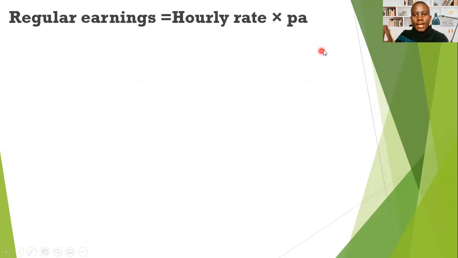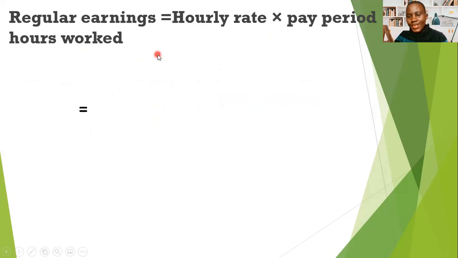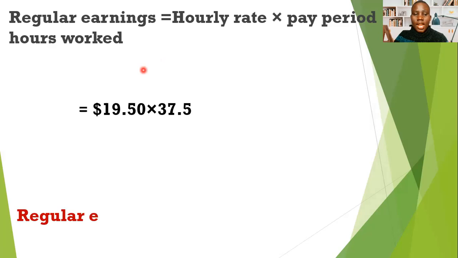So the formula is regular earnings equal to hourly rate times the pay period hourly works, like the weekly hours that you work. They pay you $19.50 per hour and you work 37.5 weekly. So your regular earnings, which is your wages for that week, will be $731.25.